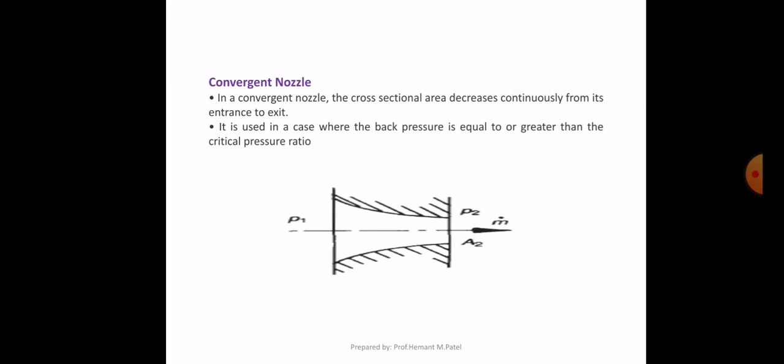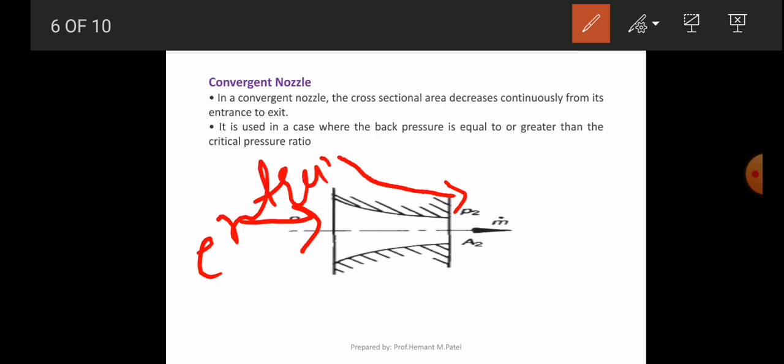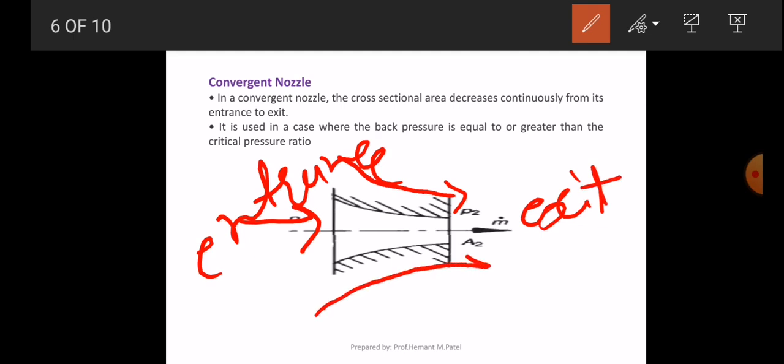In a convergent nozzle, the cross sectional area, as we have already discussed, decreases continuously from its entrance to its exit. It is used in cases where the back pressure is equal to or greater than the critical pressure ratio.